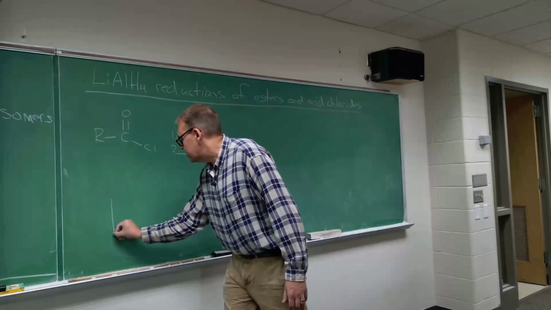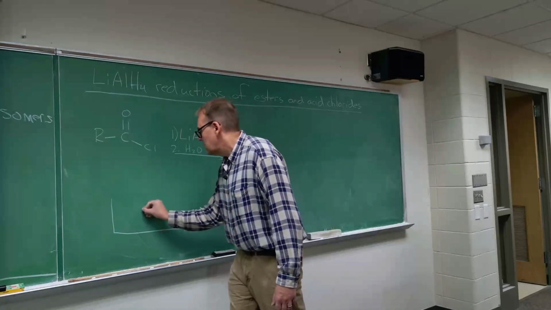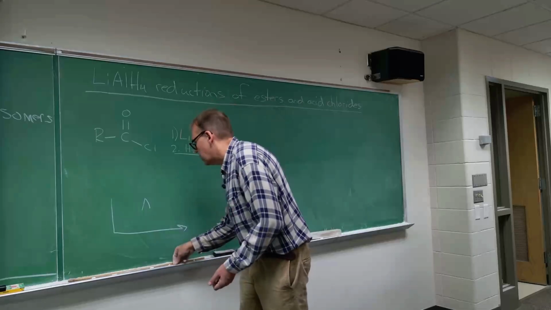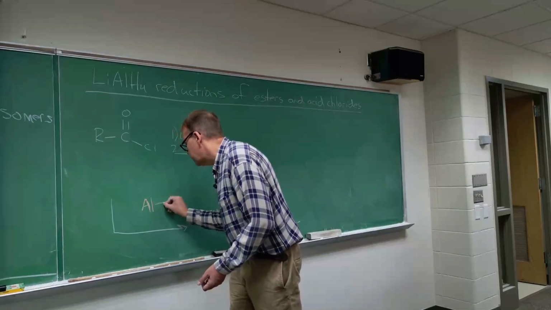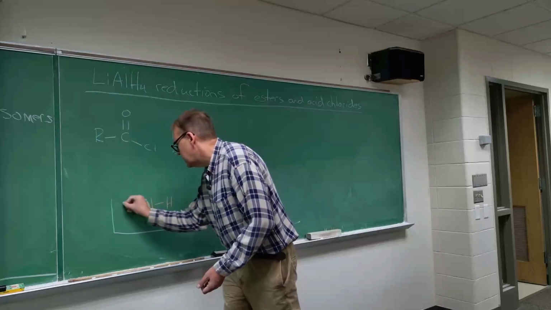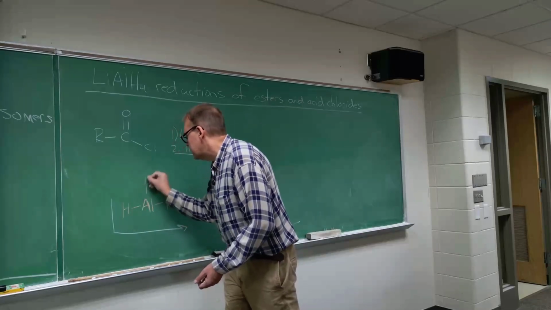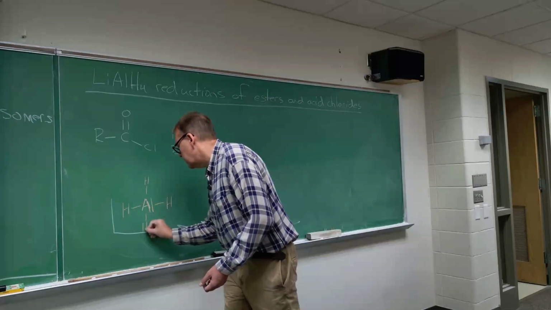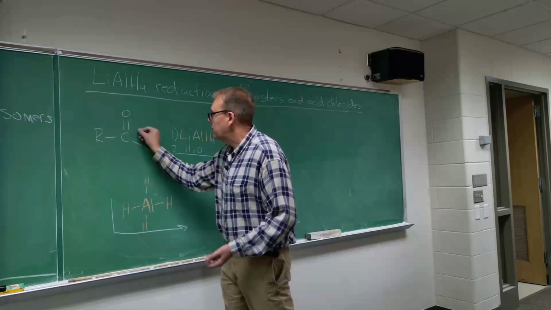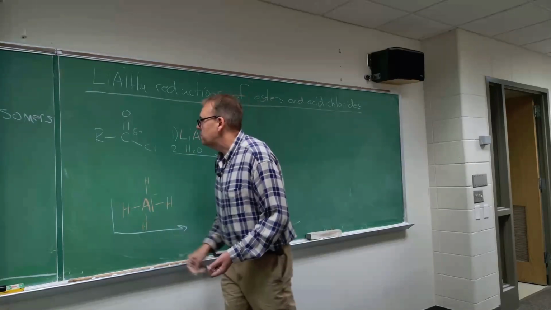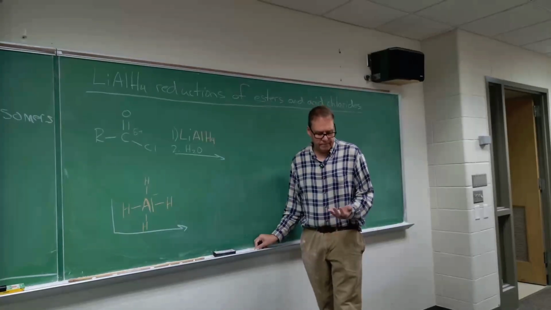So here's how it works. Lithium aluminum hydride is this powerful source of H-, and it's attracted to the carbonyl carbon of this acid chloride because it's a really electron poor carbon.